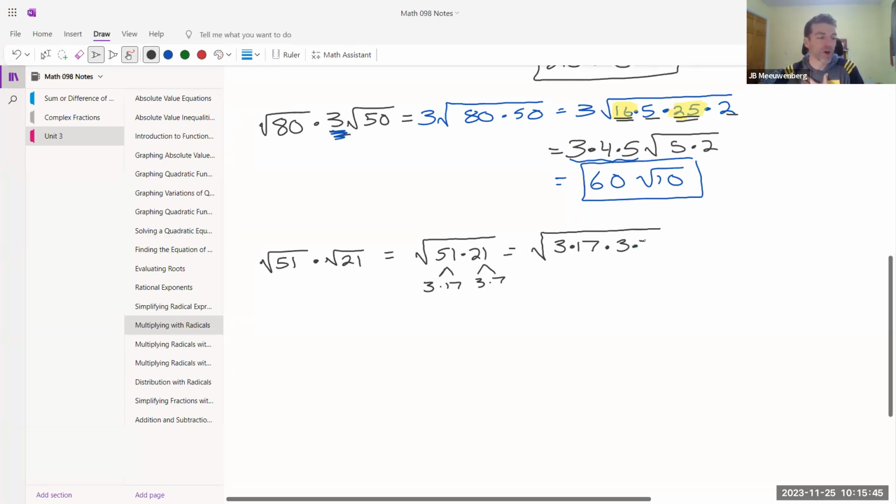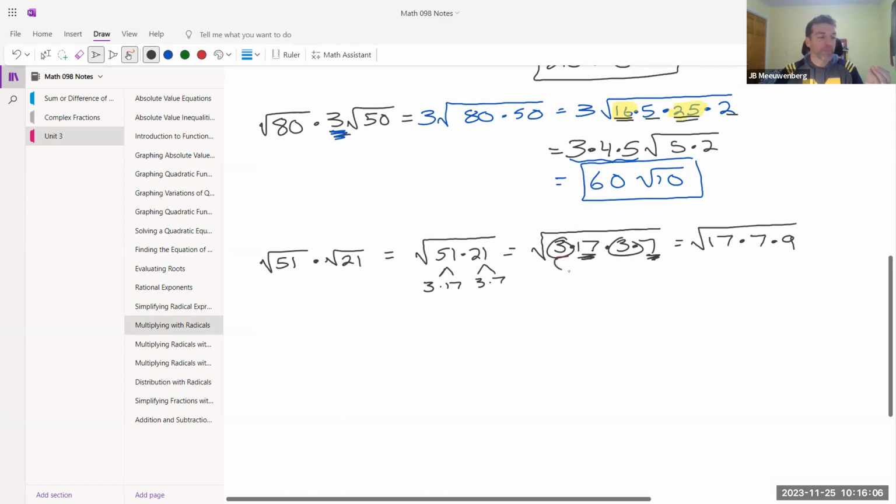But what do you notice? You have two of the same number in here, a 3 and a 3. So if we think about it like this, we've got our 17, we've got our 7, but then we have 3 times 3, which is 9.